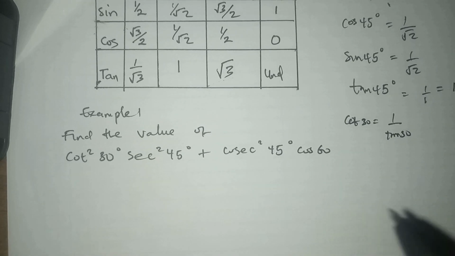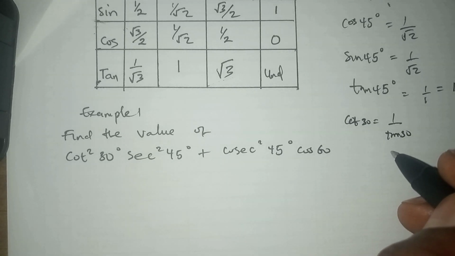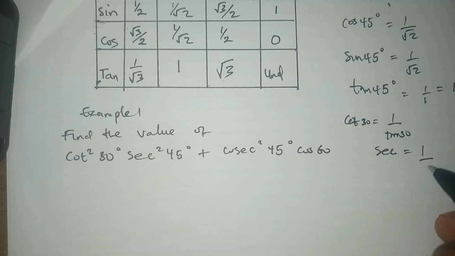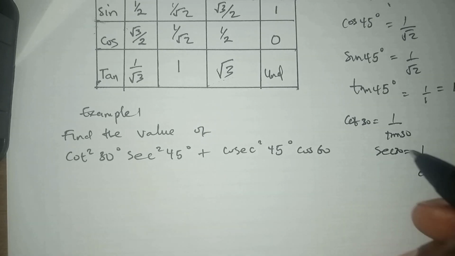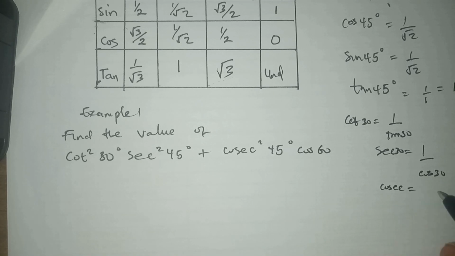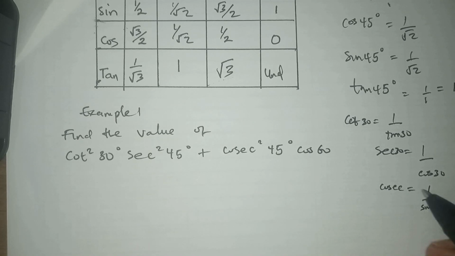Cot is 1 over tan, sec is 1 over cos, so let's say 1 over cos 30. And cosec is 1 over sine 30. That's cosec 30.